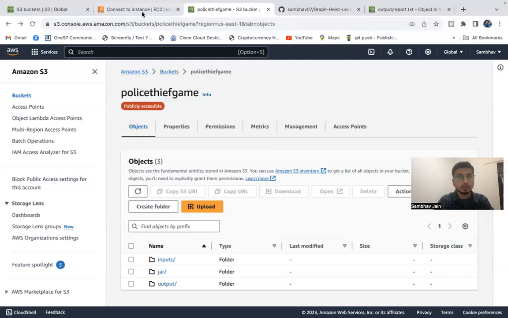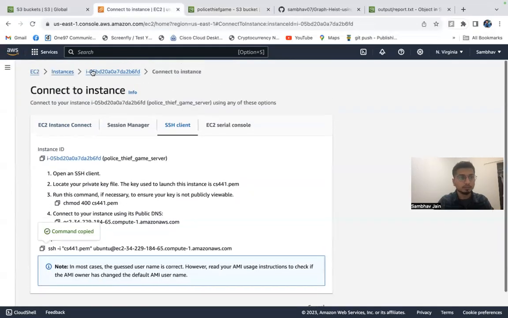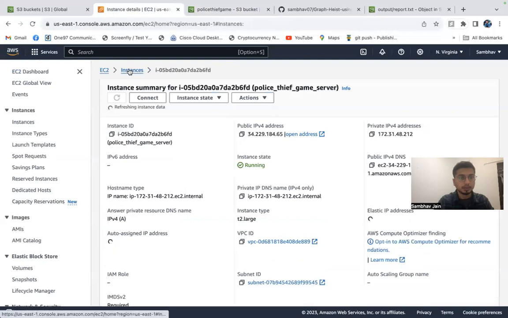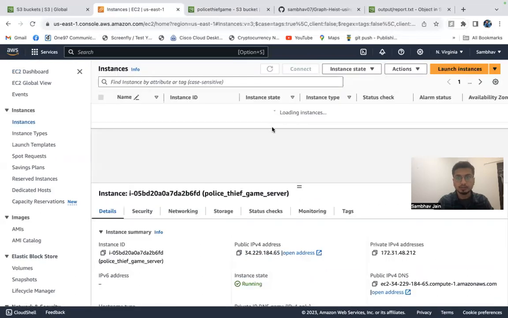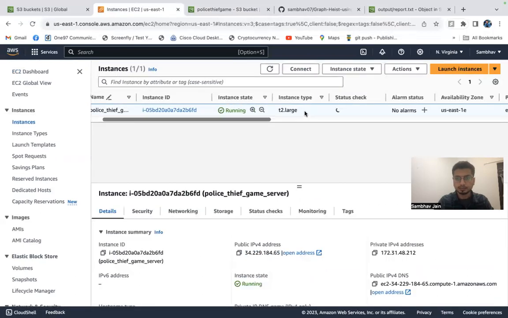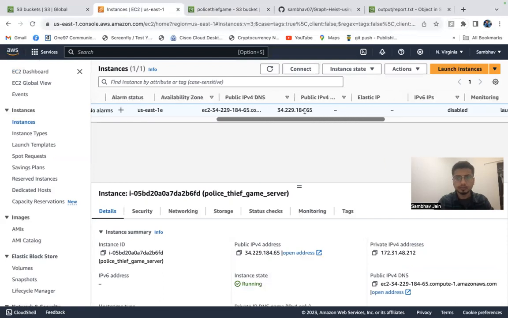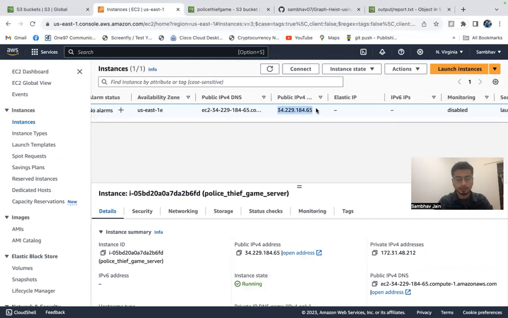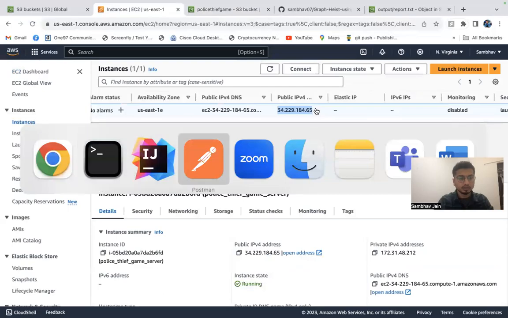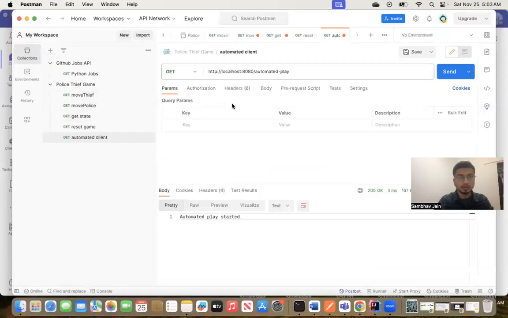I'll have to get the public IP of my instance. So that's my public IP. I'll just use this instead of localhost.